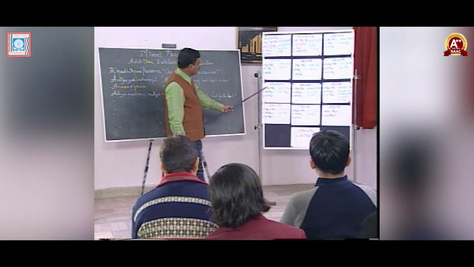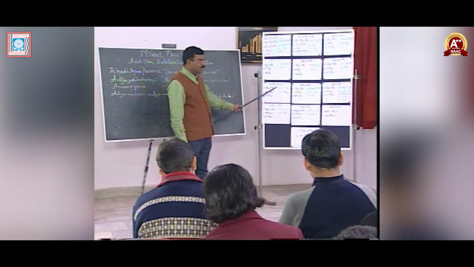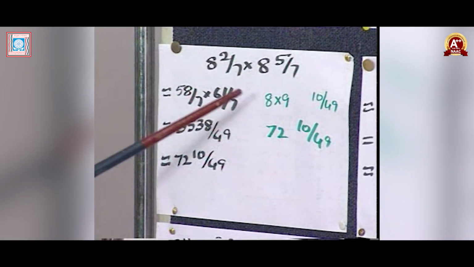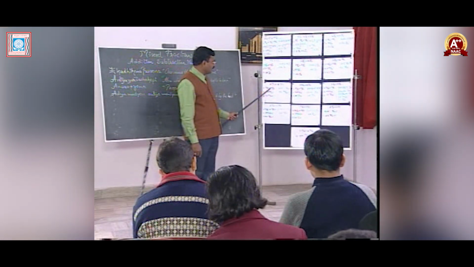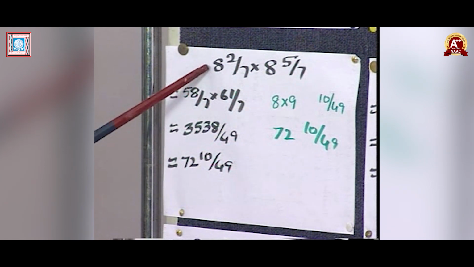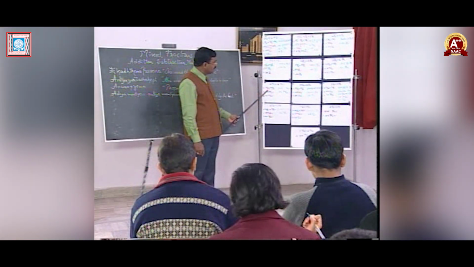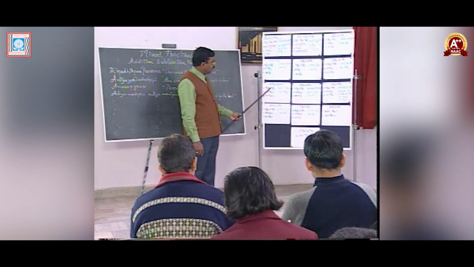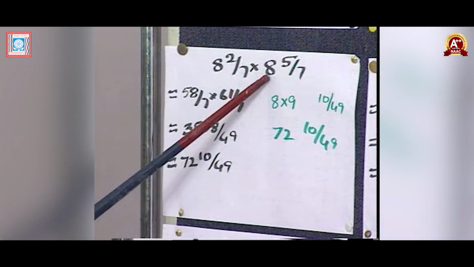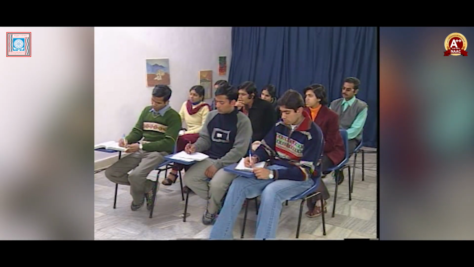Let us see this example. 8 integer 2 by 7 multiplied by 8 integer 5 by 7. If we do this by the conventional method, 8 integer 2 by 7 gives 58 by 7, and 8 integer 5 by 7 gives 61 by 7.